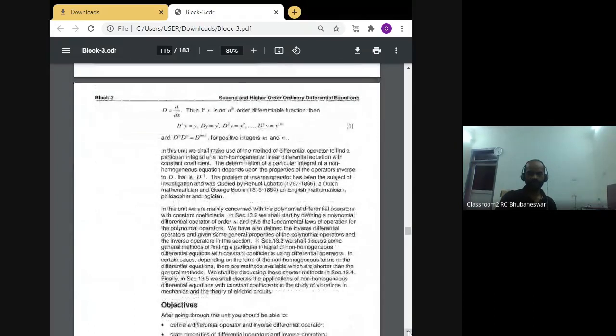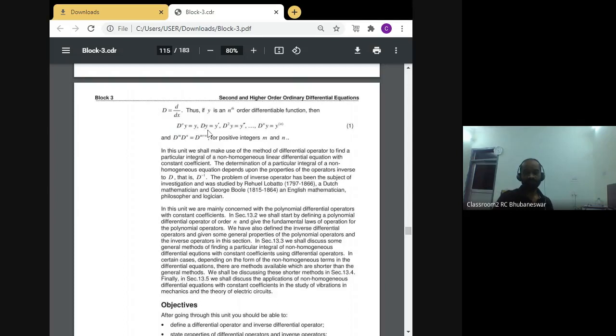Generally in this method we mainly use the notation capital D. Capital D is d by dx, the differential operator with respect to x. So clearly, D to the power 0 of y means the zeroth order derivative, so the function remains unchanged.